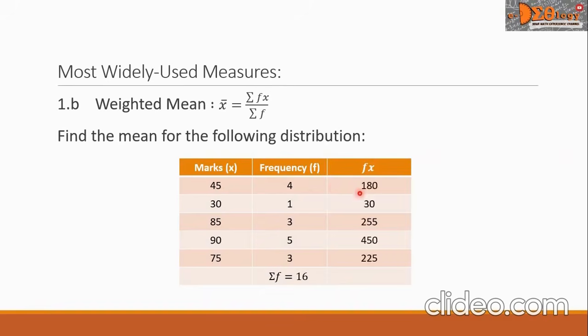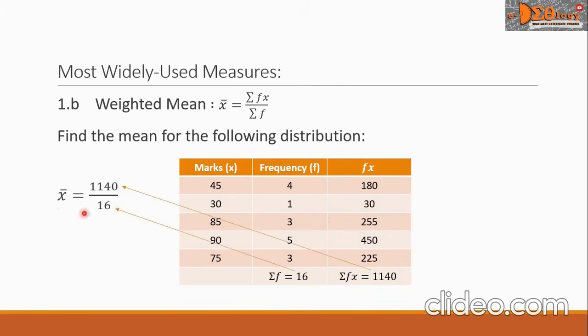So the first blank will be 180. 30 times 1 is 30. 85 times 3 is 255. 90 times 5 is 450. 75 times 3 is 225. And then at the bottom, let us take the summation, and that is equal to 1140. The summation of this column, and also of the frequency column, are the ones needed for our formula.